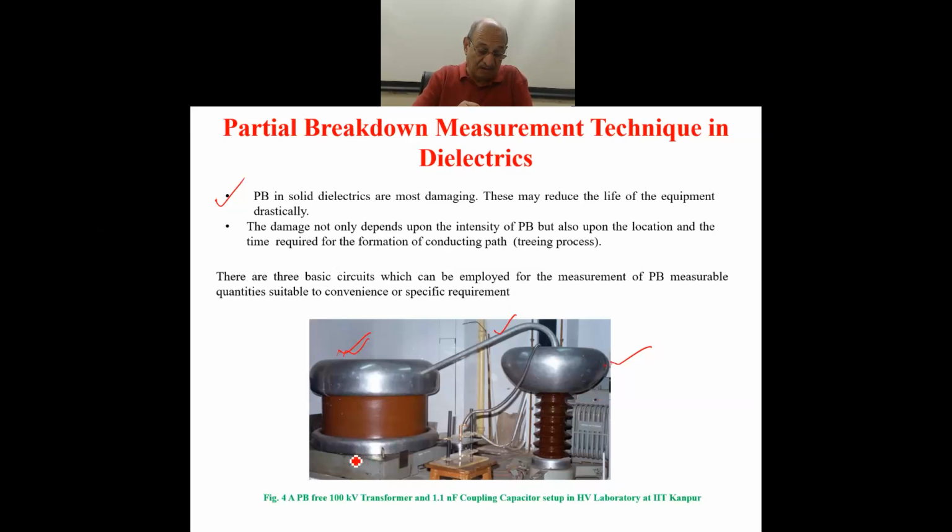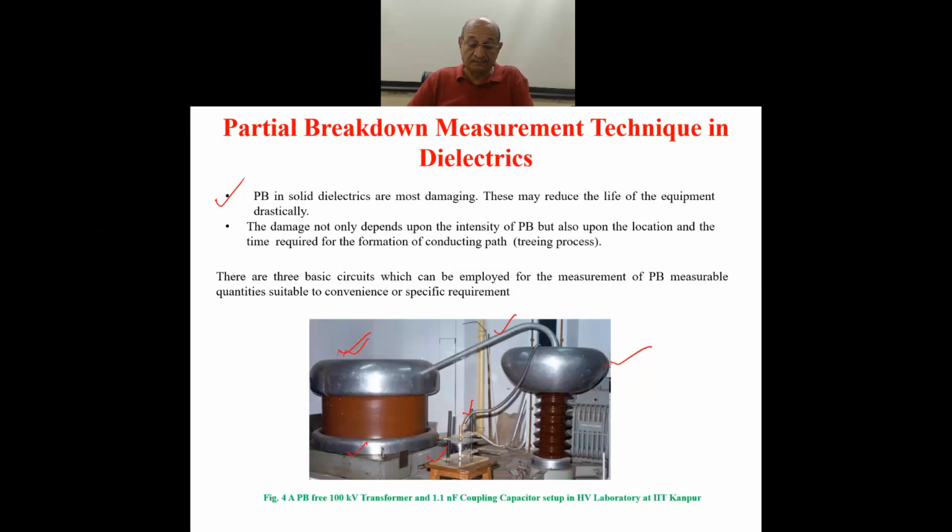This is the ground electrode also. A big dome-like electrode has been given on the top of the coupling capacitor. Then you are making the connections with pipe, and this flexible pipe-like electrode is coming to the test object. This is the test object as you see it here.